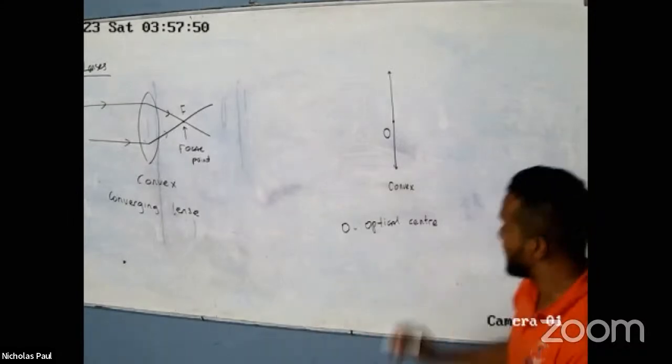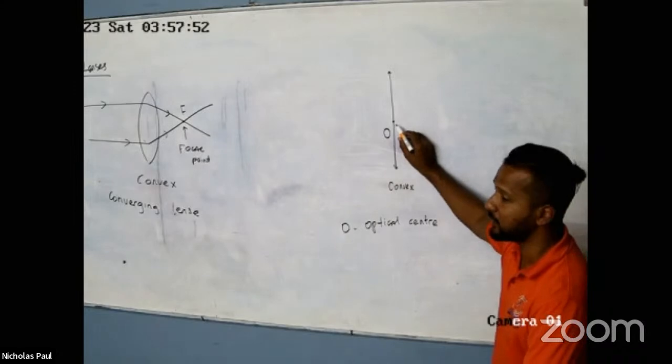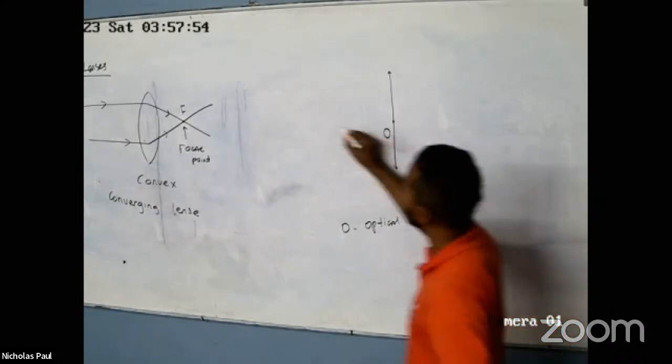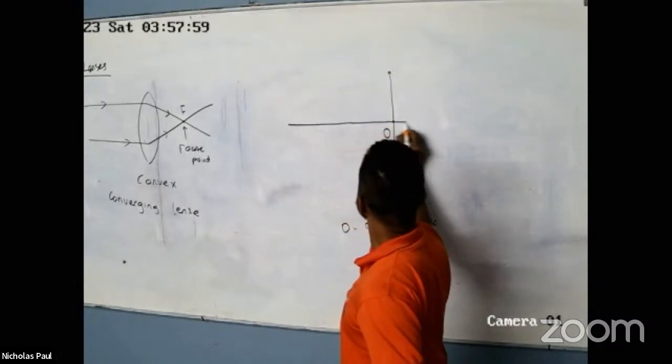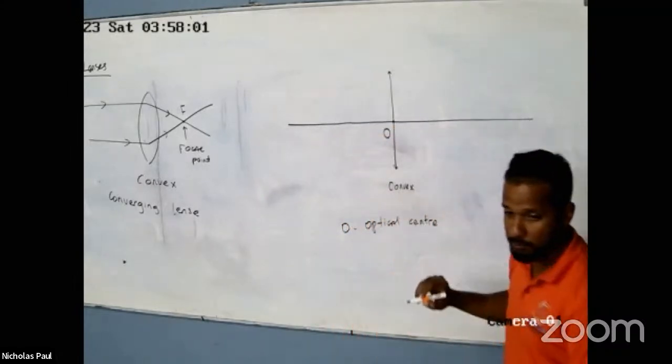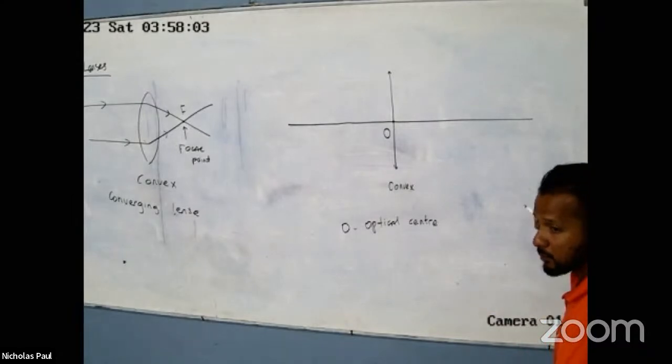Then there's an imaginary horizontal line through the optical center. Anybody know? Pause. I know you know pause.